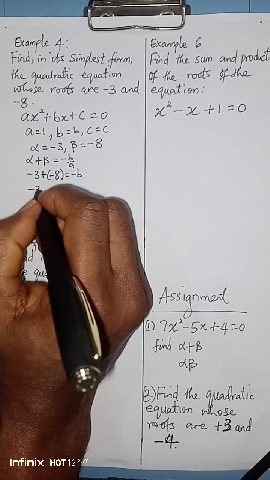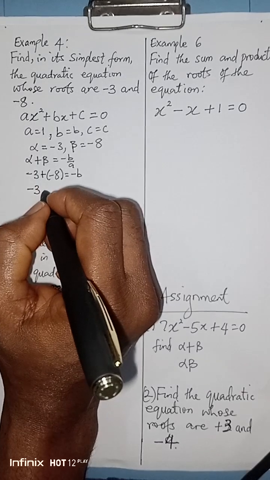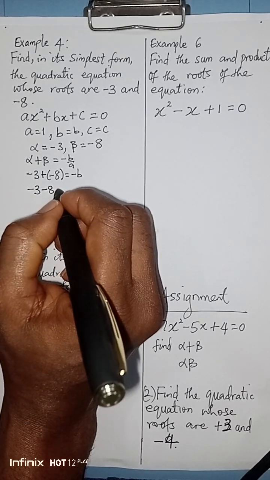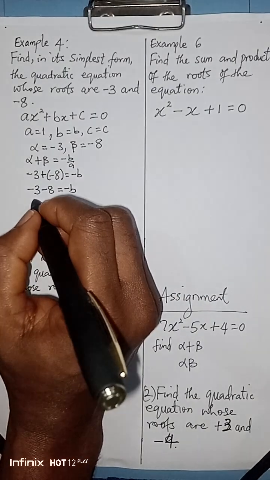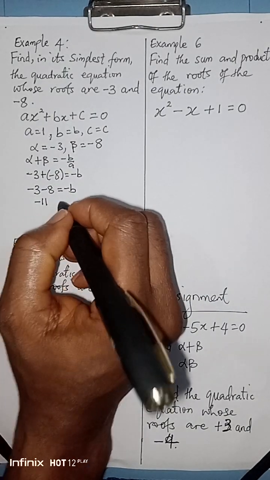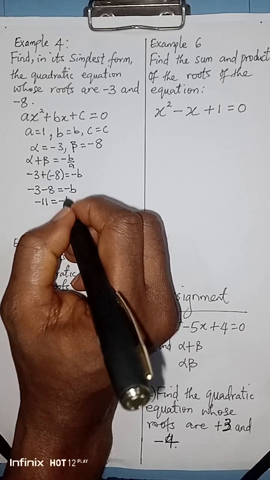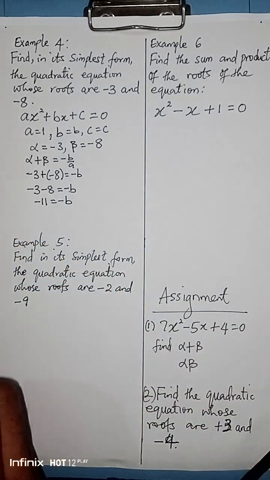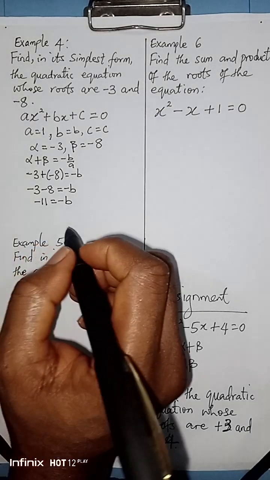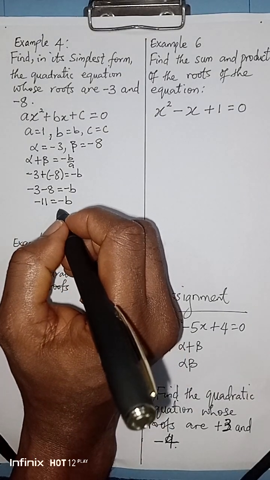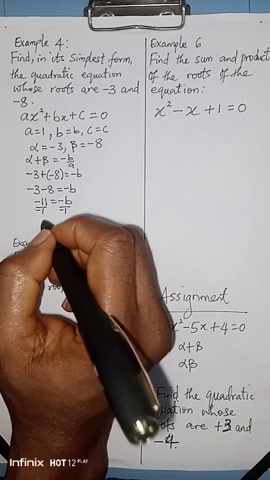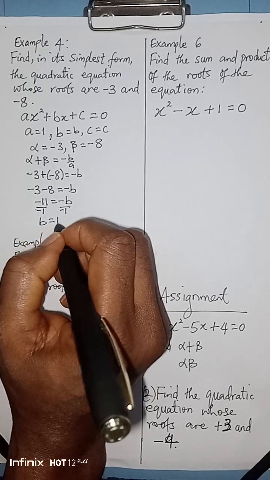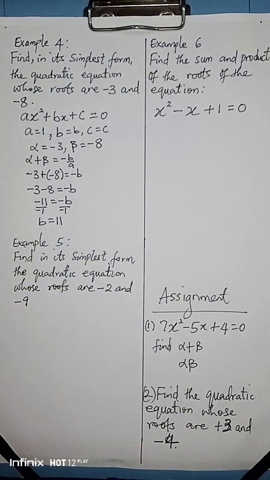This will be minus 3 plus minus 8 equal to minus b. So this will give you minus 11 equal to minus b. If you divide both sides by the coefficient, that's minus 1, you're going to have b equal to 11. So I've gotten a value for b.